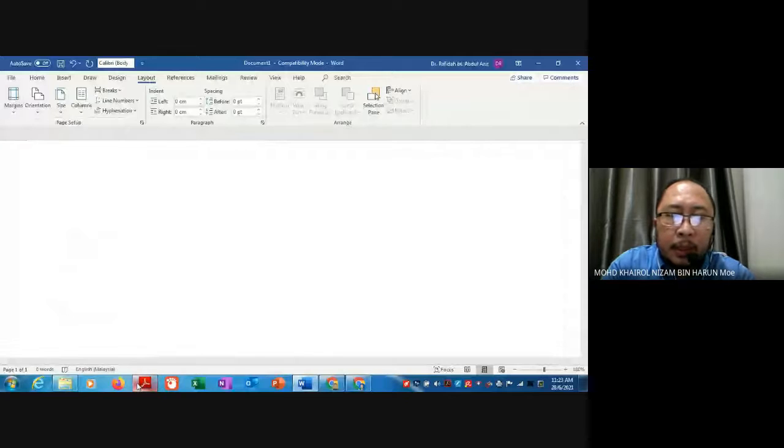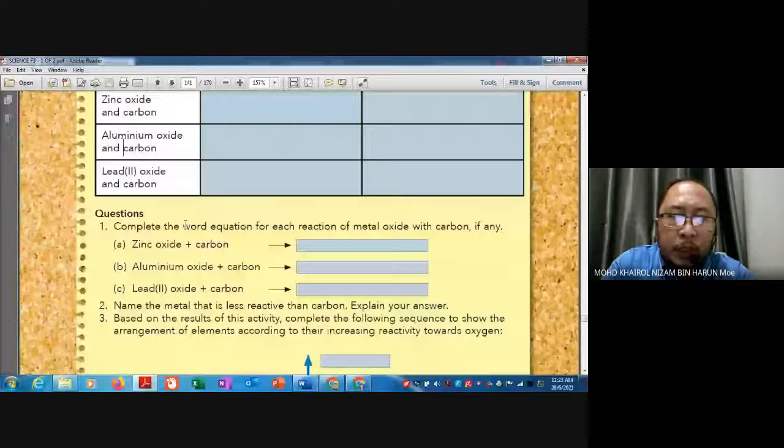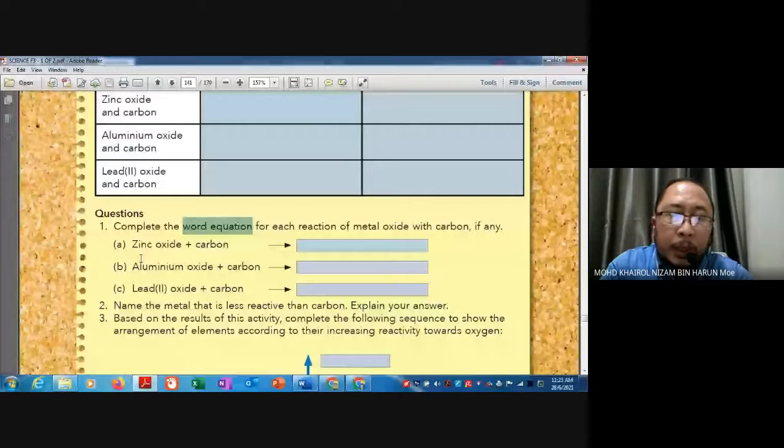Okay, so what exactly happened? What can we observe from this one? Before that, I want to show you a word equation for each reaction of metal oxide with carbon. When there is a reaction, we have to write the chemical word equation that represents the reaction between the substances.